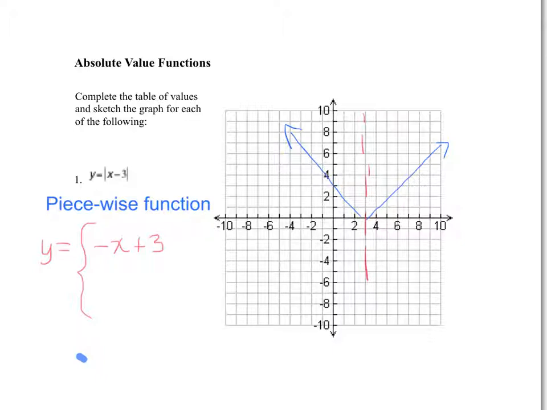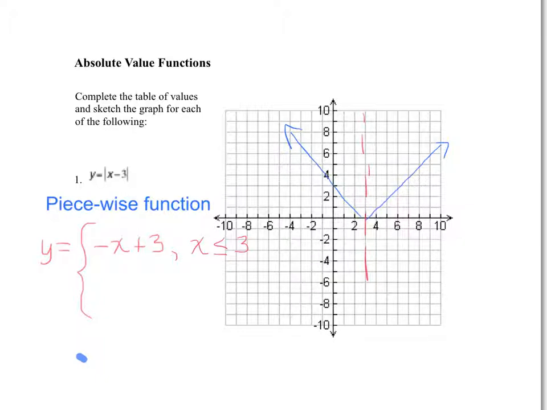So now looking at the whole thing, for what parts of it is it equal to negative x plus 3? It's equal to negative x plus 3 on the left. But we want to say that in terms of x. We're going to say when x is less than 3, or we'll say less than or equal to. If x is less than or equal to 3, then the function is negative x plus 3.